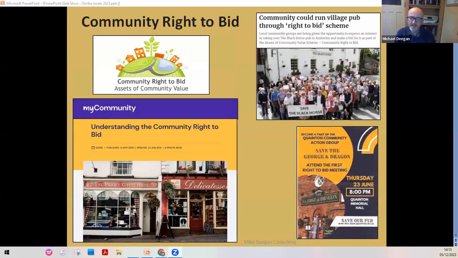This was intended as an essential element of the legislation and aimed to keep valued land and buildings in community use, by giving local people the chance to bid or to buy and to safeguard property assets that they value in the community. But again, only to bid if and when they came onto the market. So that's quite a crucial element of all of this. And you can see some of the efforts from the slides here that were made by different communities. Some of these can be really quite high profile.